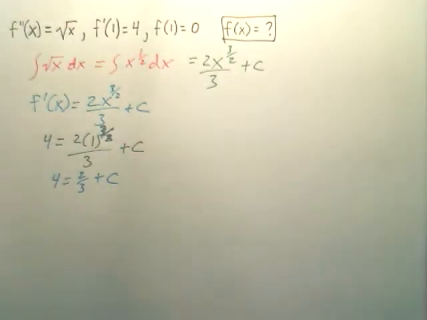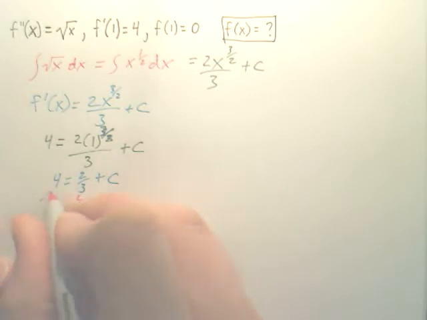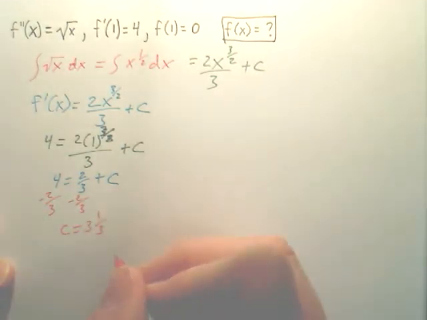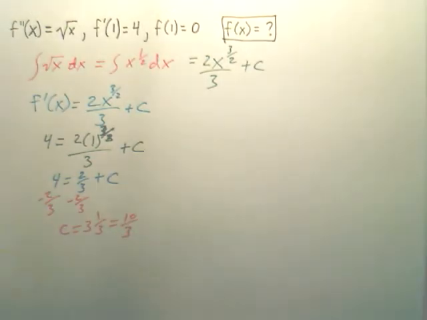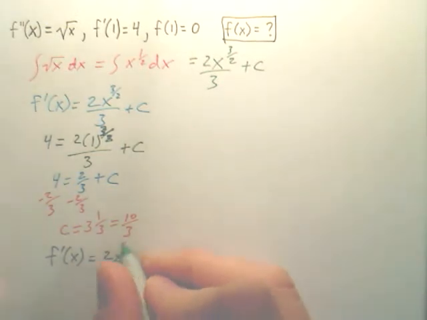To solve it, we're going to subtract the 2/3 over, and you get c equals 3 1/3, correct? Which is 10/3. So f prime x is equal to 2/3 x to the 3/2 plus 10/3.